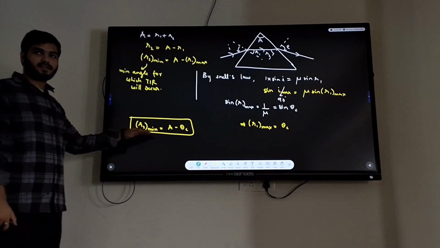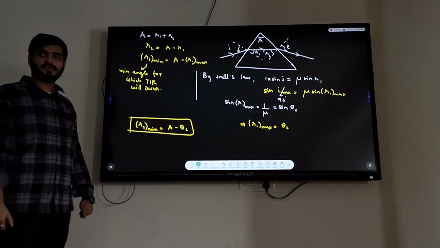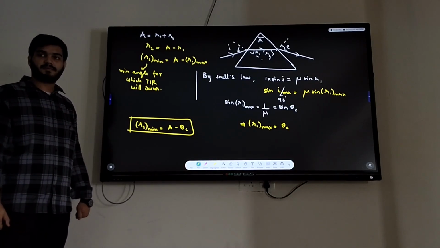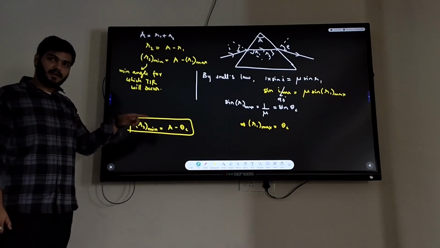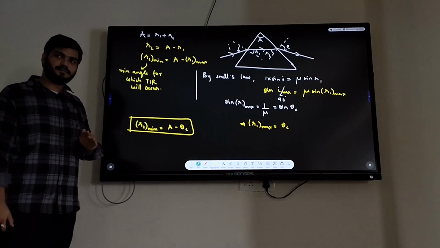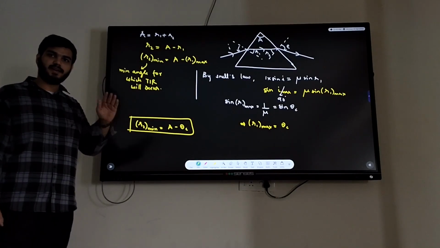This is the thing that we found by this analysis. But what is the common thing that we can expect? What should R2 min follow? For TIR to occur, R2 min should be at least equal to theta c, maybe even greater than theta c. Only then TIR will occur.